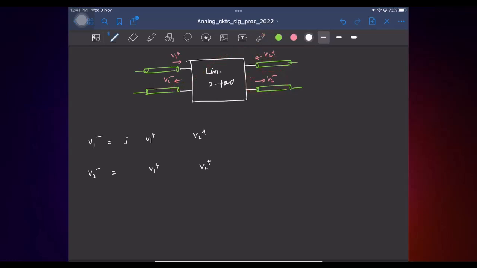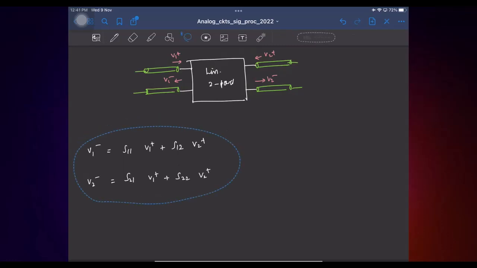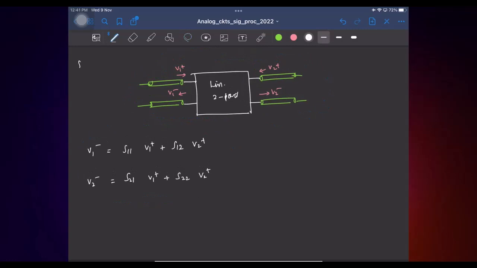So you will represent it as a linear combination, and these are the parameters. So these are called S parameters or scattering parameters, because it looks as though the waves are incident and get scattered in all directions, right? That's the reason.